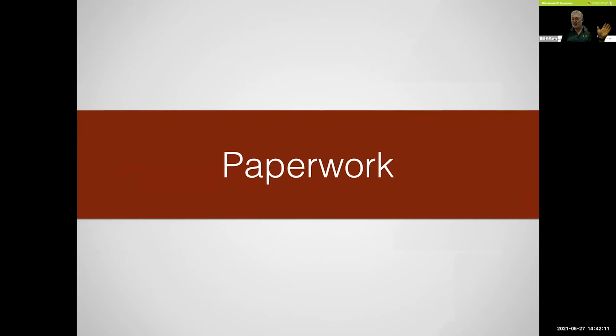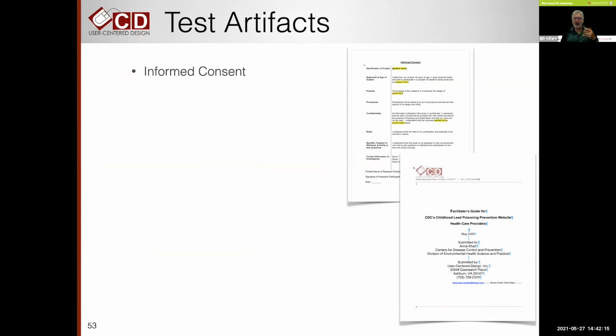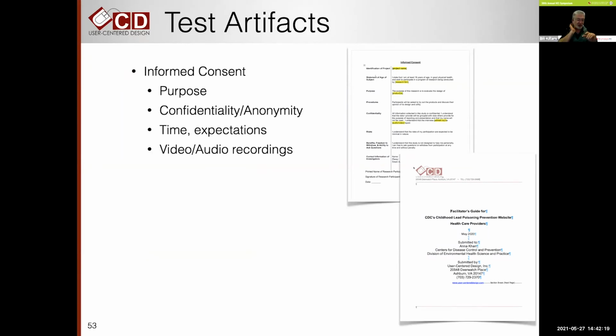Paperwork's very simple, but I do want to cover it real quick. An important thing to know in paperwork is that you need to have informed consent to work with participants. I work on government projects, and generally government projects follow this rule, though the government did make some changes some years ago where they said, oh, it's just a typical usability evaluation, you don't need to go through an IRB to make sure that it's okay. And I'm like, oh my goodness, really?